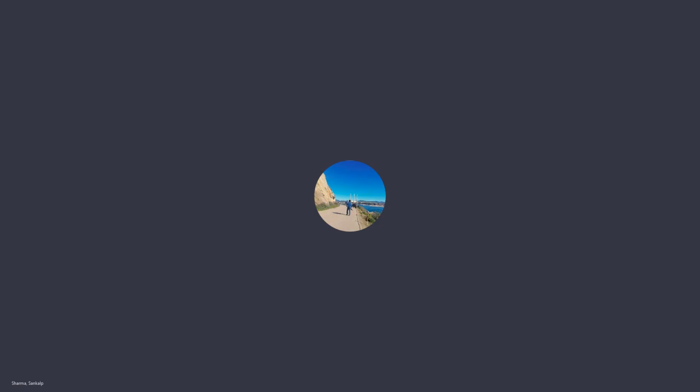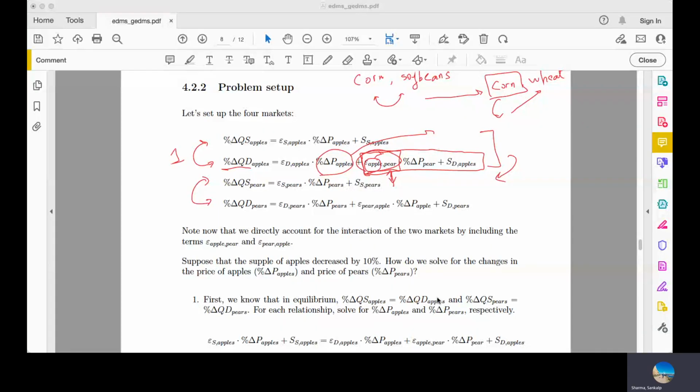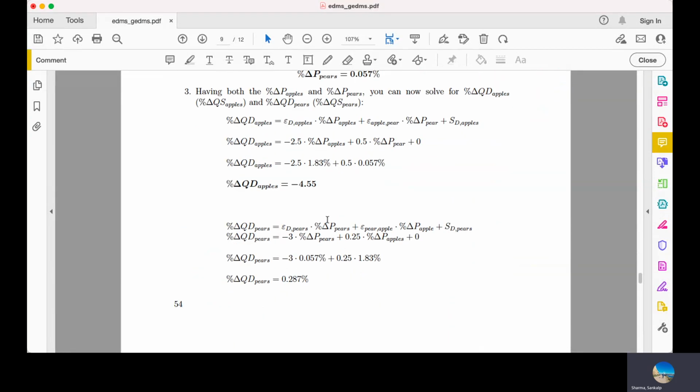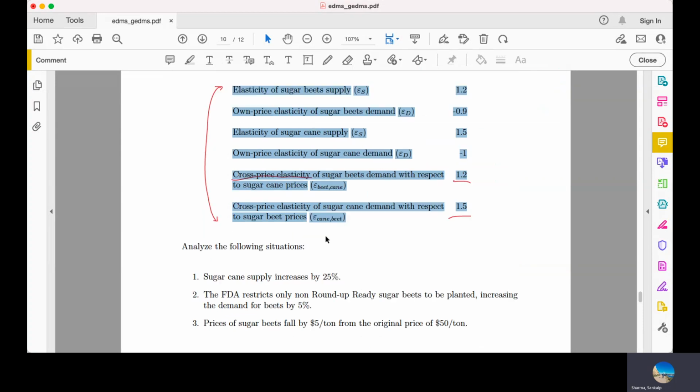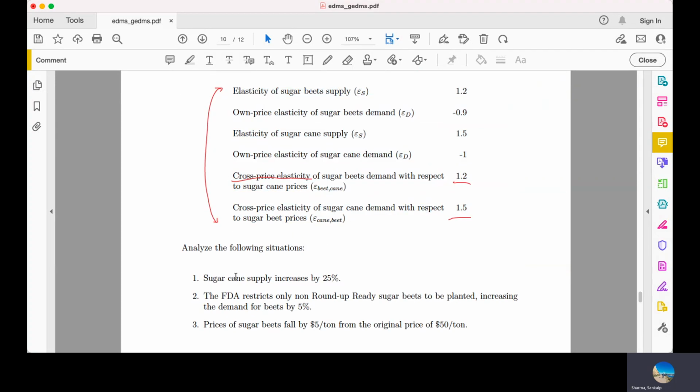In the question we were doing, it says analyze sugarcane supply, and I'm trying to understand what happens to the prices if sugarcane supply increases by 25%.